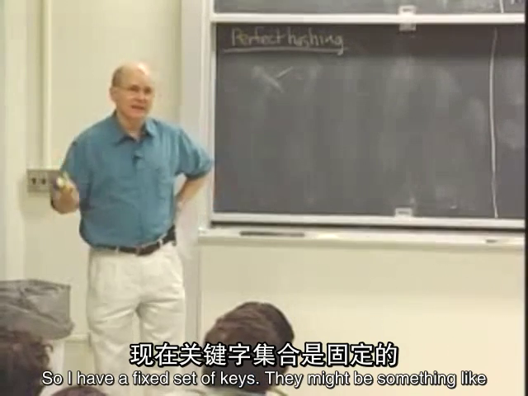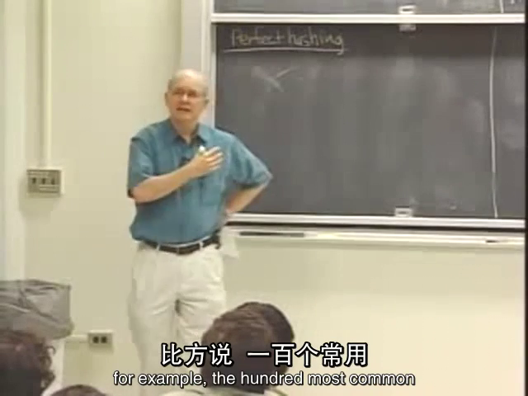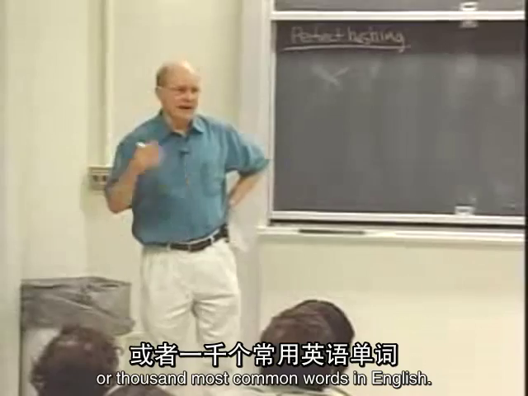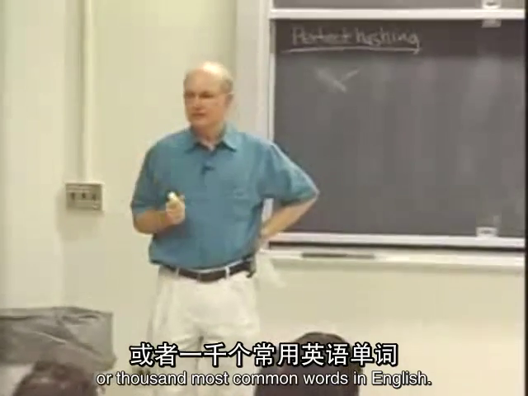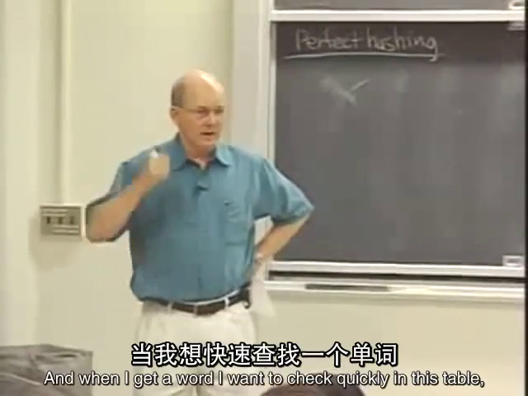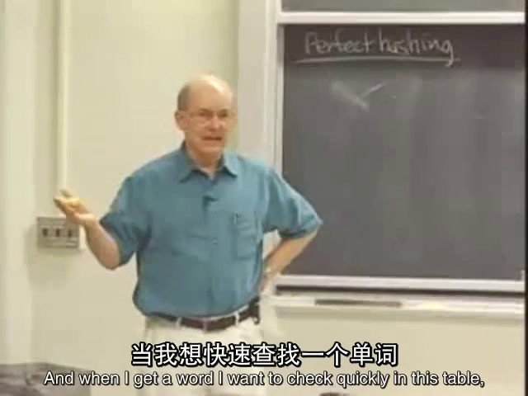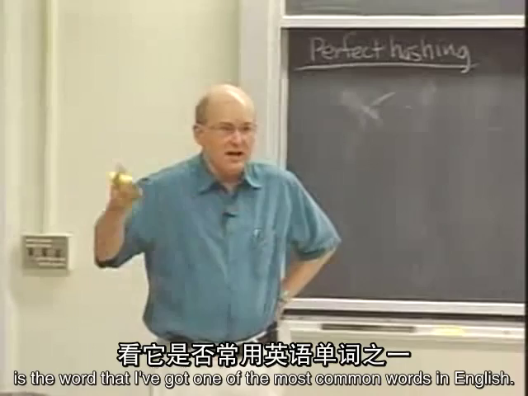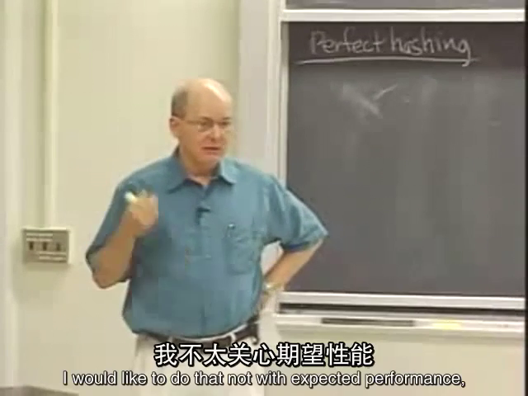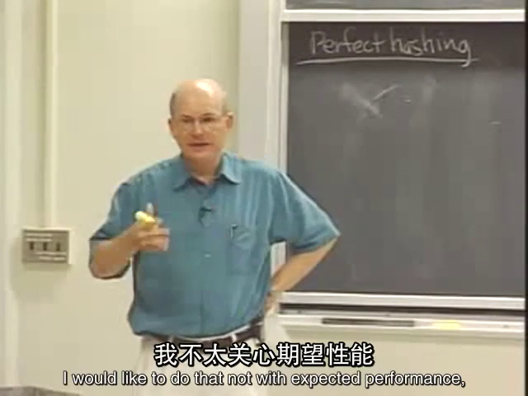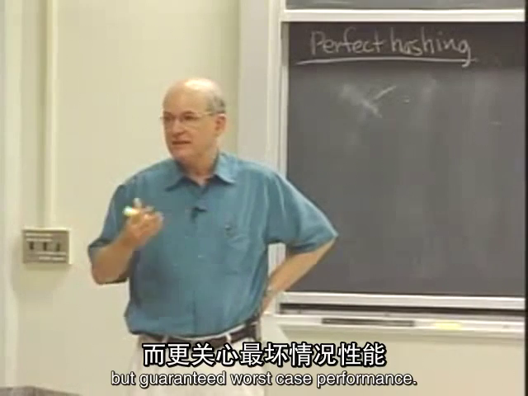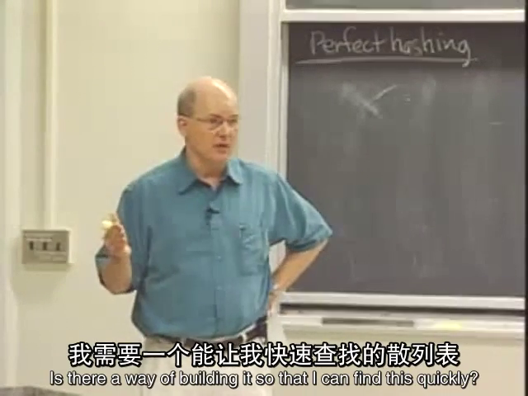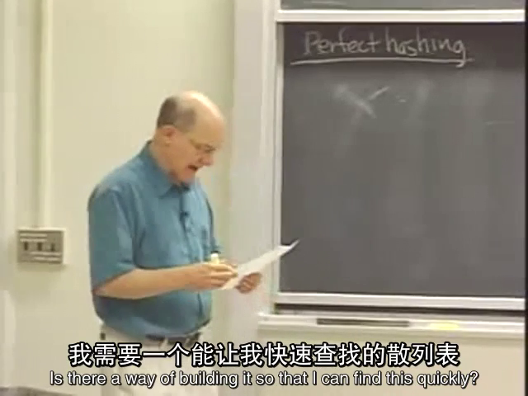They might be something like, for example, the 100 most common or 1,000 most common words in English. And when I get a word, I want to check quickly in this table whether the word I've got is one of the most common words in English. Now, I would like to do that not with expected performance, but with guaranteed worst case performance.